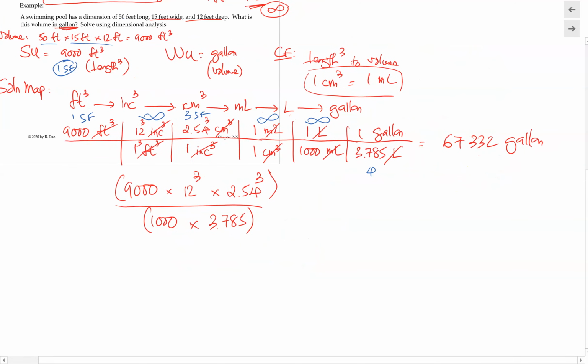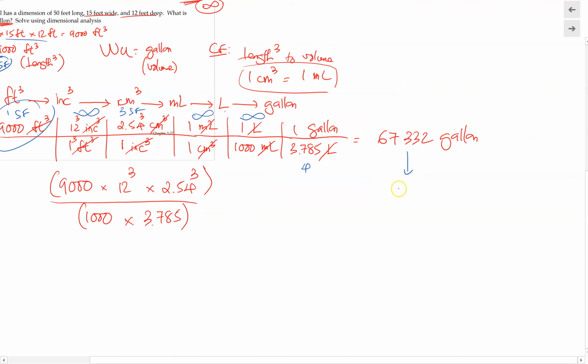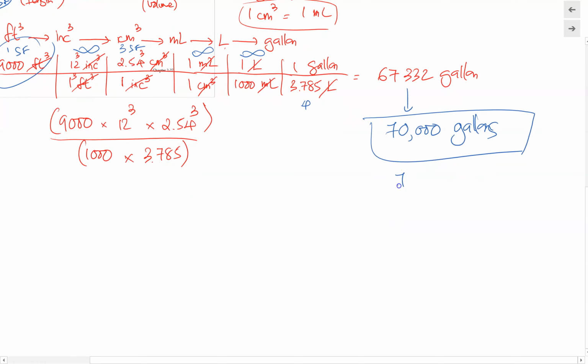So our answer would be rounded to 1 significant figure, which in this case would be 70,000 gallon. We can keep it in decimal form, or we can also convert this to 7 times 10 to the 4th gallon. And that will be the final answer.